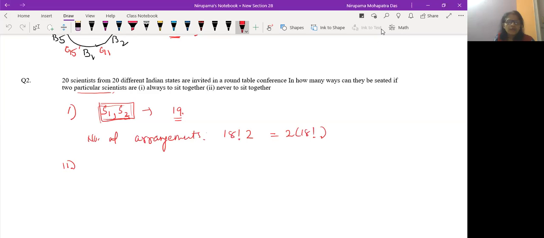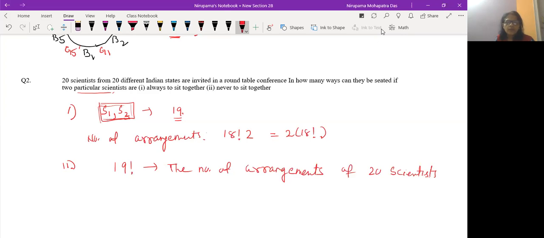Okay, so now 20 different scientists from 20 different states, invited in a round table conference. So 19 factorial is the number of arrangements of 20 scientists around the round table.